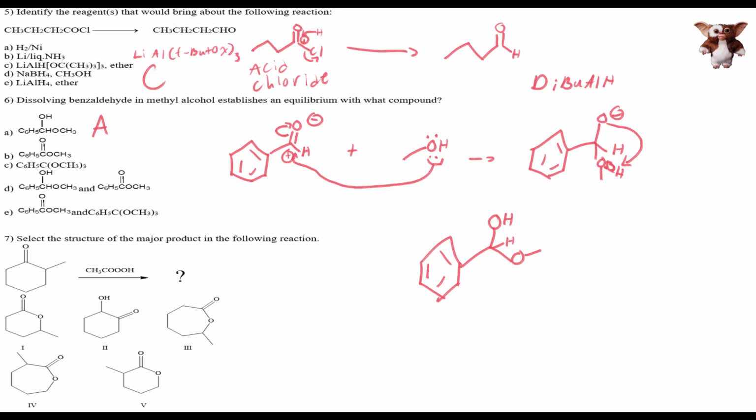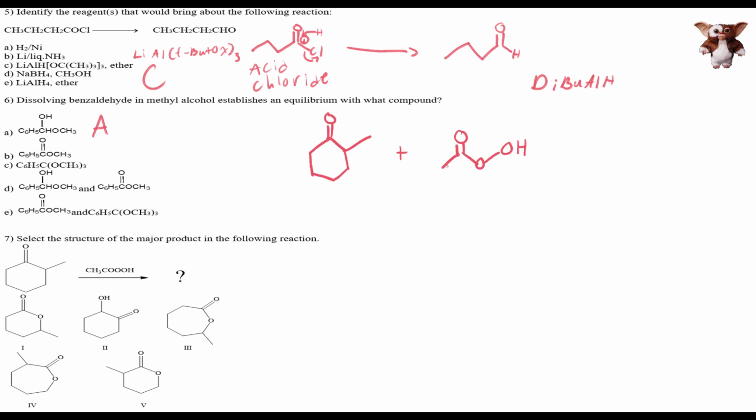So let's do this. Okay. Select the structure of the major product in the following reaction. So we have a ketone, and we have this weird looking thing. What is that? Well, let me draw this out first. So this compound right here is going to be a peroxy acid.